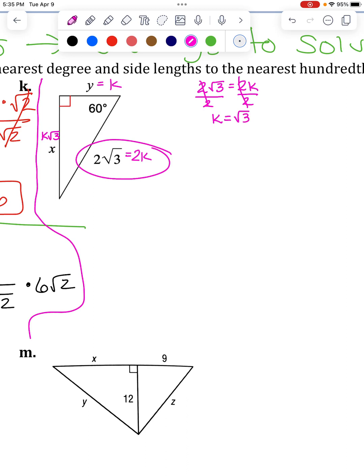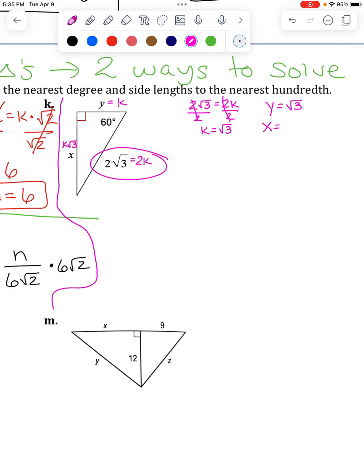To get k alone, we divide by 2. And k would have been the square root of 3, meaning y would have been the square root of 3. And x, that's k times the square root of 3, would have become the square root of 9, which is 3.